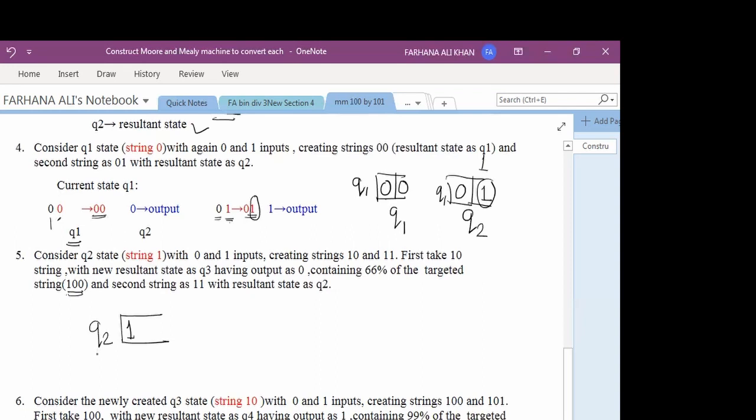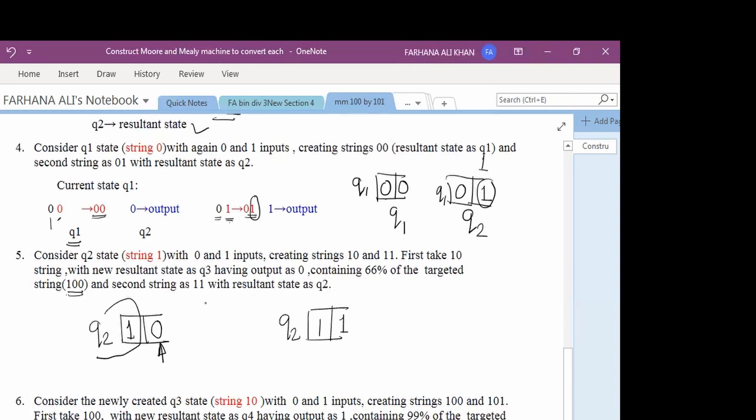So Q2 is now the current state. As we are considering the binary number system, the next bit can be 0 or 1. Again, as we have two binary symbols, we are going to write Q2 twice for considering both input symbols. So this is Q2 representing 1 with the next bit as 0.